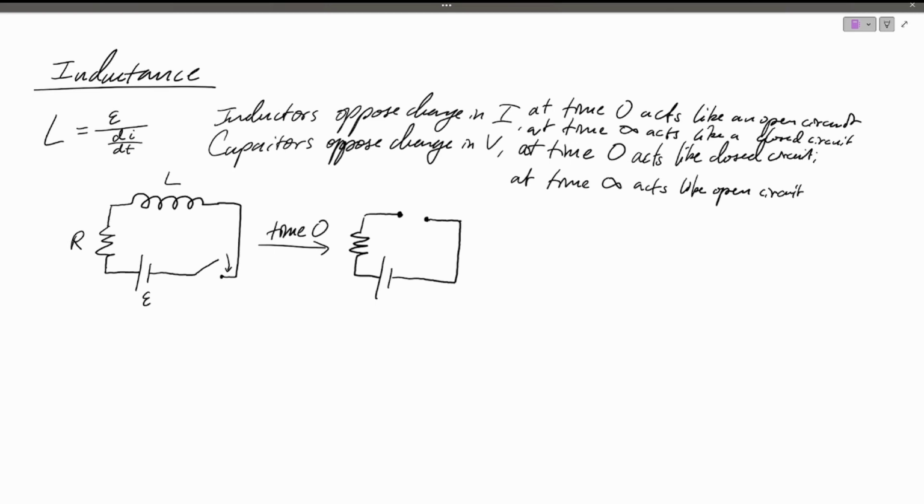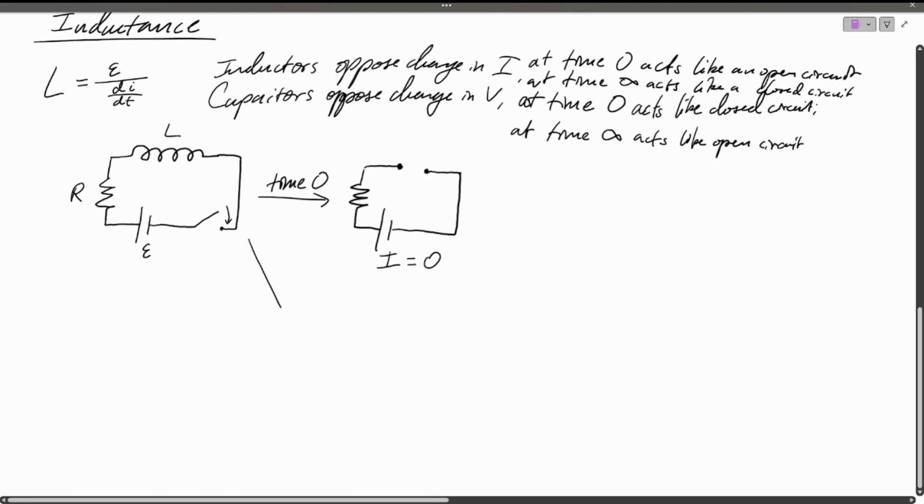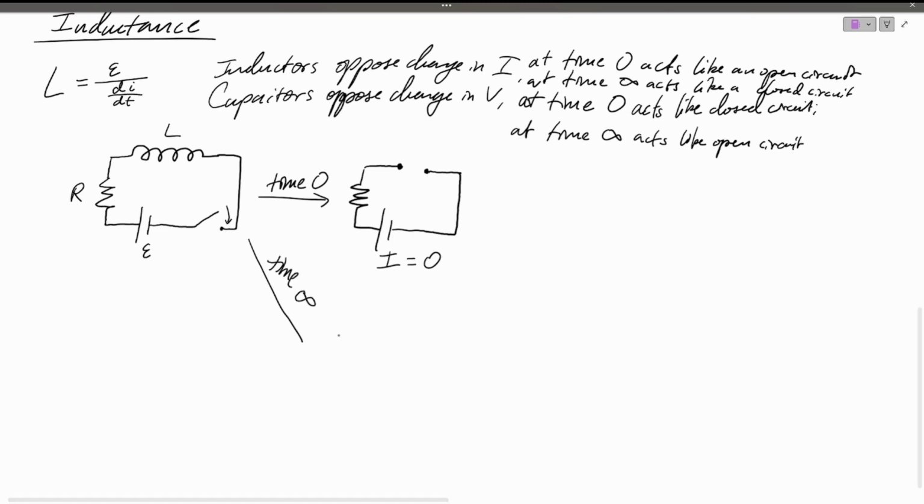So it's just going to stop it all. At time 0, no current at all. Then what happens after a long time? Well, then we will redraw with a closed circuit. So it's just this picture, and we'll find I is equal to epsilon over R.